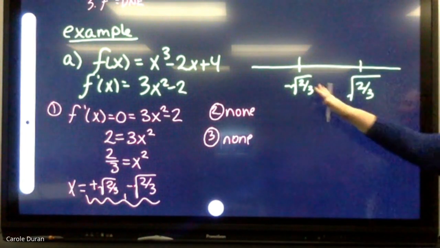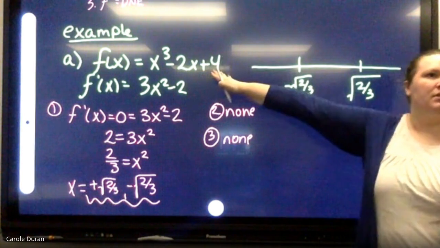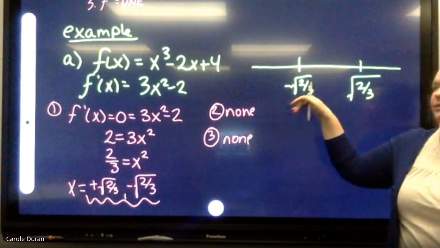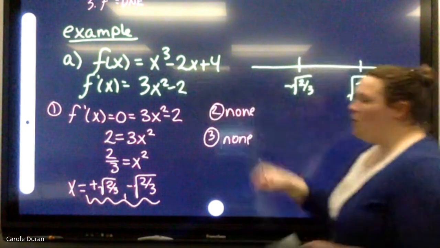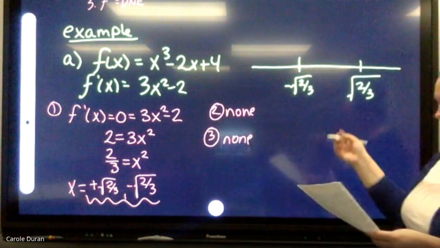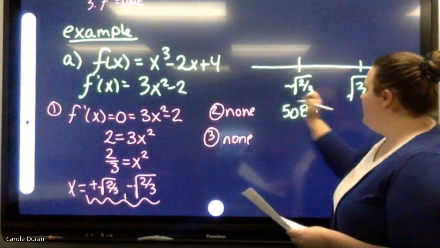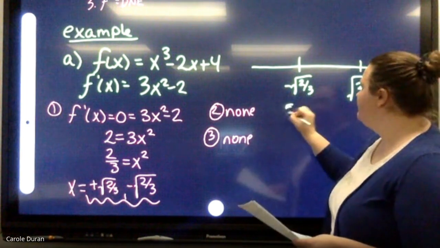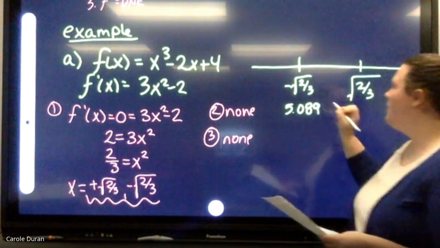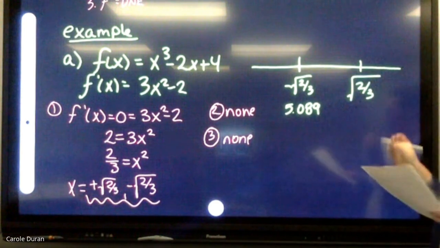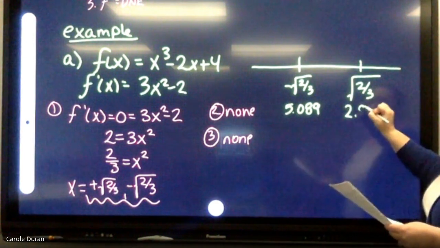So I'm going to start by plugging them into the original function. So we're going to take negative square root of 2/3 and plug it in for x. When I do that, I get 5.089 as my y value. When I plug in positive square root of 2/3, I get 2.911.